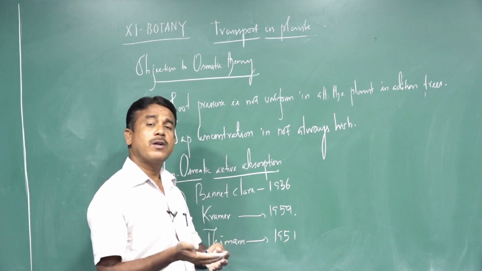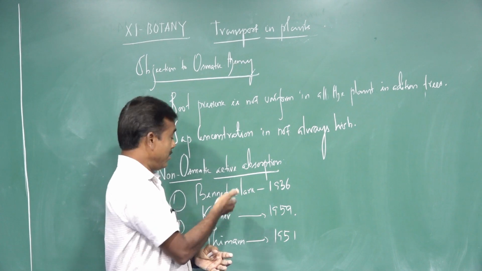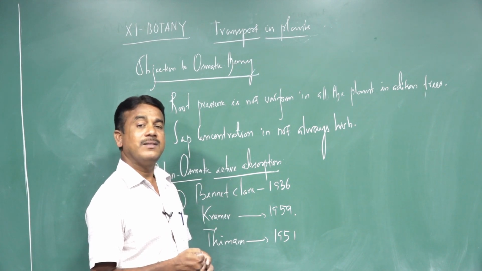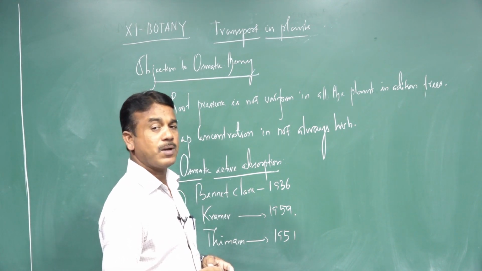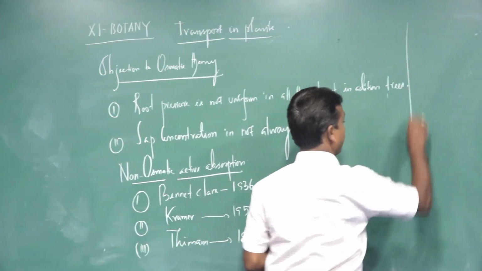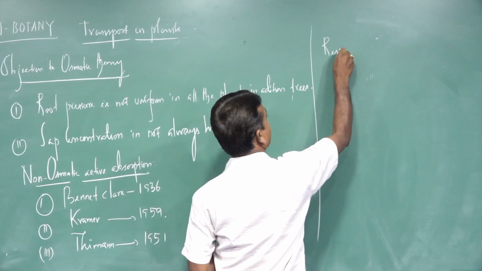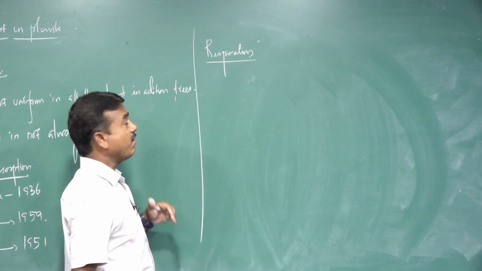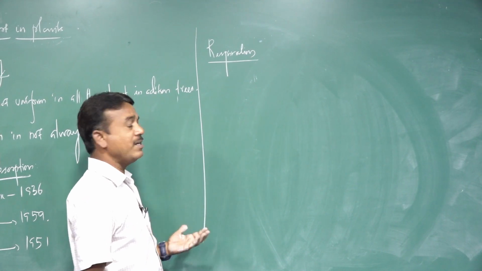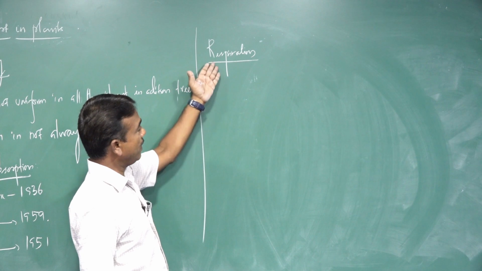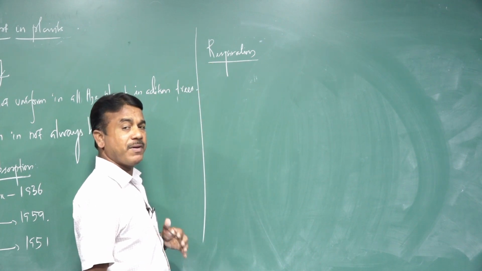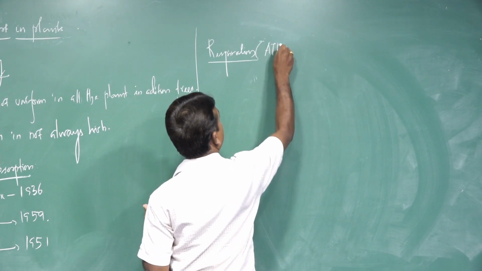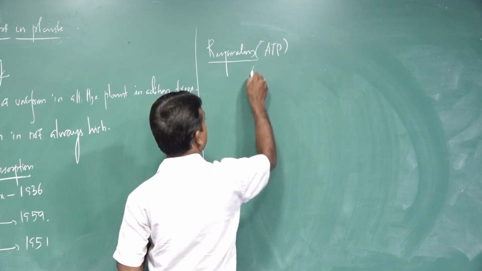So uptake of water in this theory needs some expenditure of energy. That energy is given by the process commonly called respiration. What type of energy is given by that process? It is commonly called ATP. What is the abbreviation of ATP?